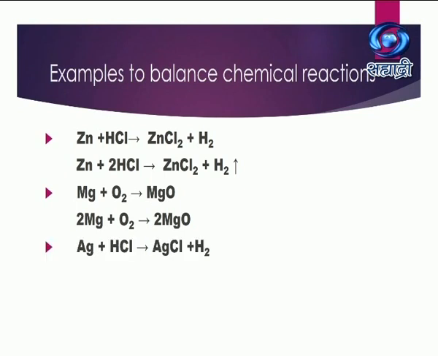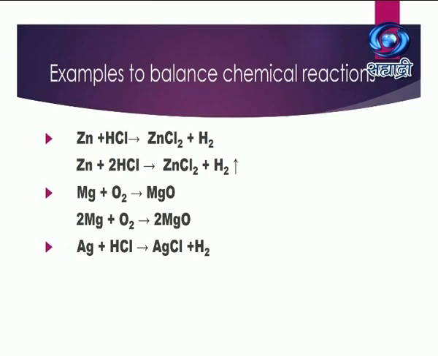Here we have one more example. Ag plus HCl, it gives AgCl plus H2. Again, if observed carefully, we will find hydrogen is not balanced on both the sides. But to balance this hydrogen, we should increase to 2 molecules of hydrochloric acid.